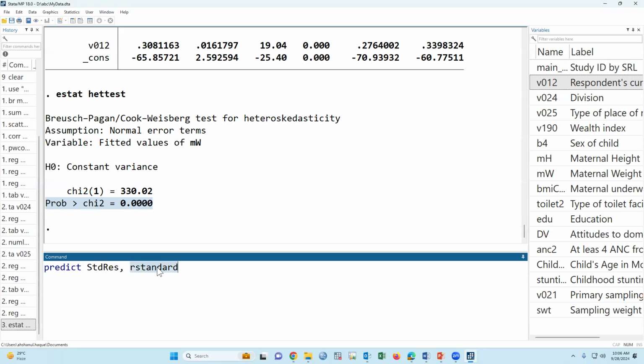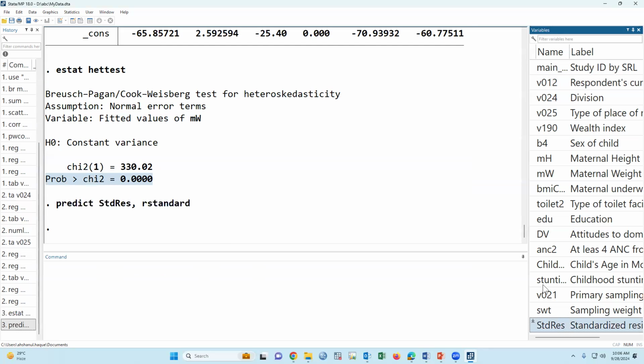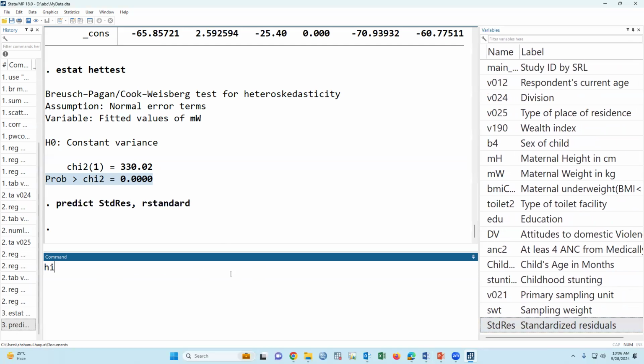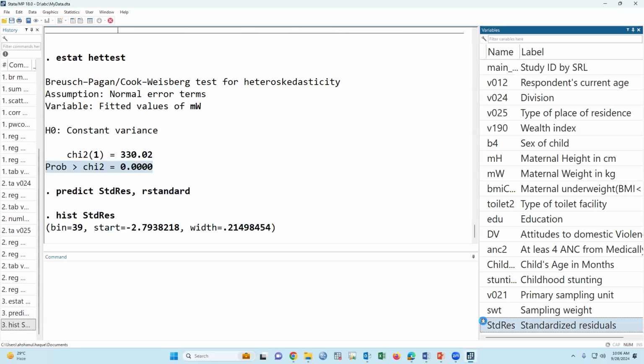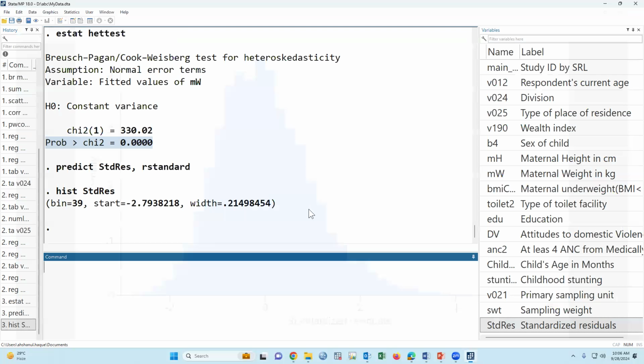This is the main function, and we can use any variable name. Then there is a standardized residual variable. We have to use hist on this variable. If the error term shows a normal distribution, that means the normality assumption holds.